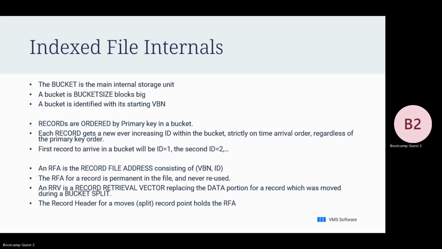But the RFA, while it is a nice binary address that your application could use, is most important for those alternate keys, because we have files with not just a primary key, but also other ways of looking up by different columns, fields, whatever you want to call them. And the way you find the record back is not by primary key, but by the address, by the RFA. So RMS needs the RFA for that.